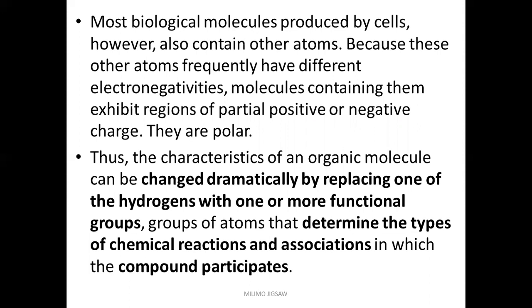Like I mentioned, just by replacing one of the hydrogens with one or more functional groups, the characteristics of an organic molecule are able to be changed. So these functional groups will determine the chemical reactions and associations that a particular organic molecule is going to participate in.